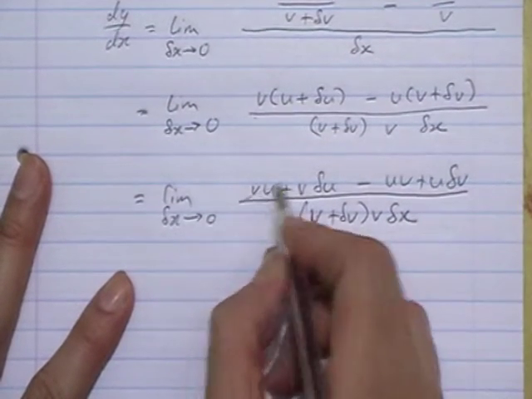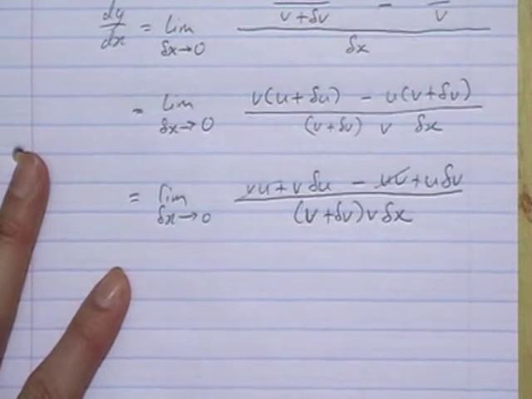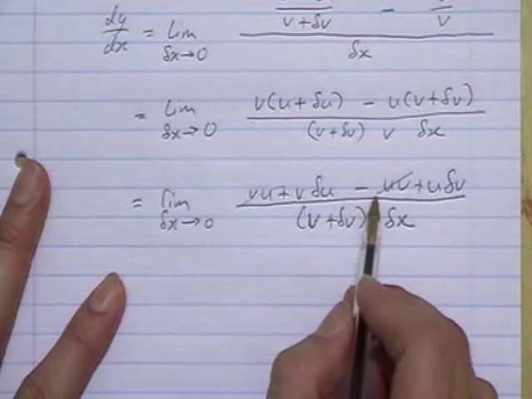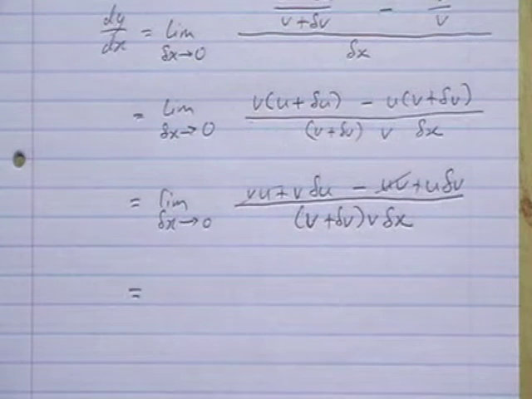And notice that those two cancel, and I'm left with this minus this. Now here is where, again, it helps if we take a look at what we're trying to prove.